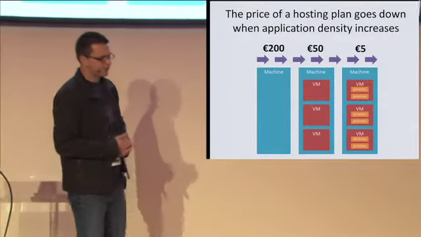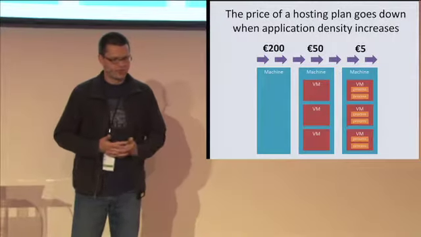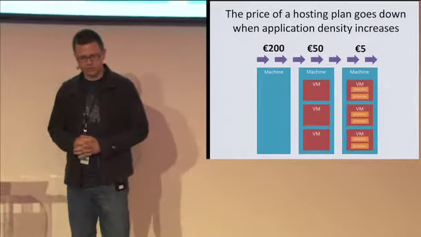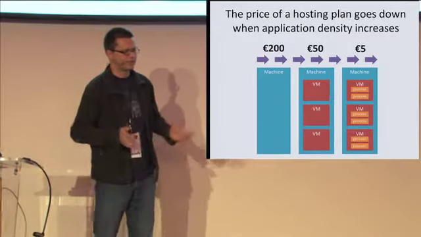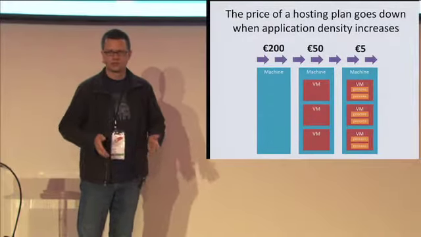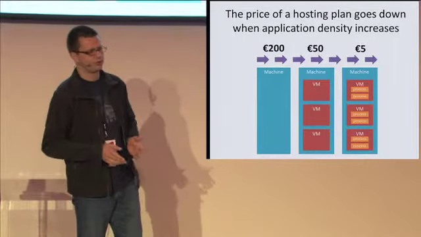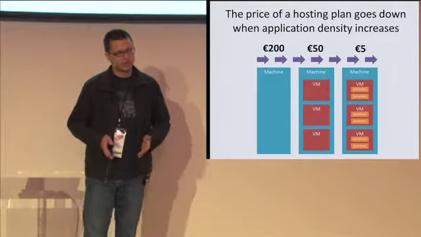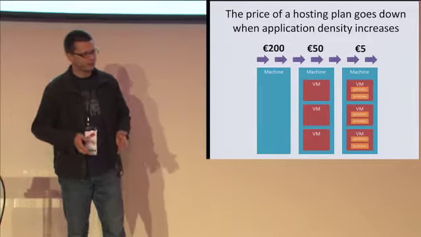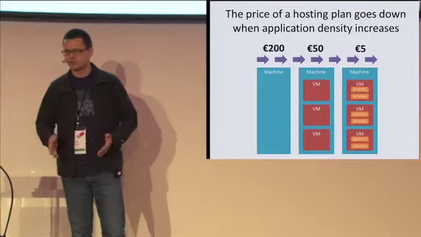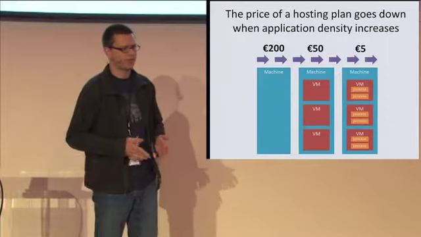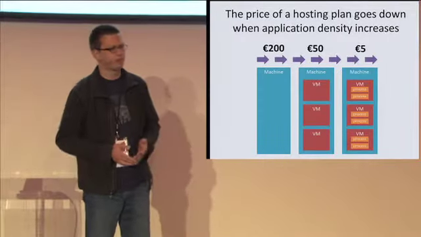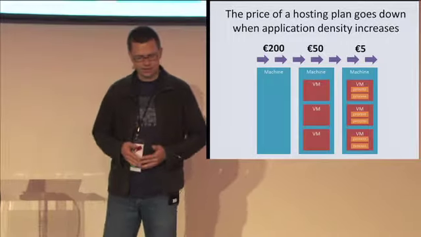The typical breakdown of the plans that shared hosting companies offer falls into three categories. You can get yourself a dedicated piece of hardware that will cost you, let's say, €200 a month. Then you can get a virtual machine running on a piece of hardware. That virtual machine will be running alongside virtual machines owned by others who purchased computing power from that hosting company.